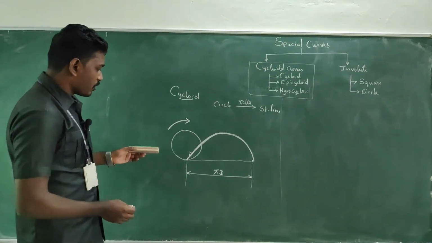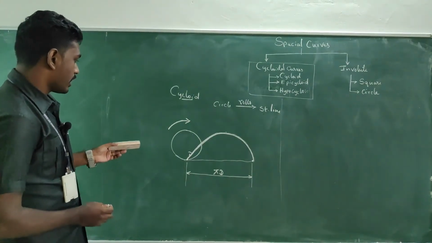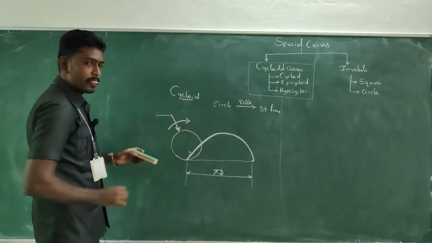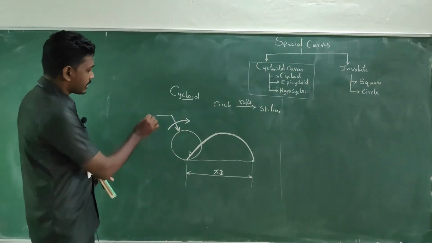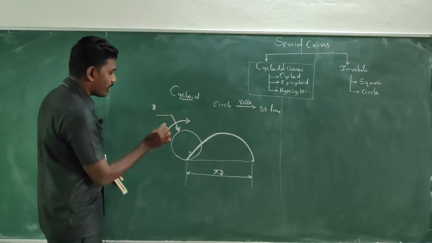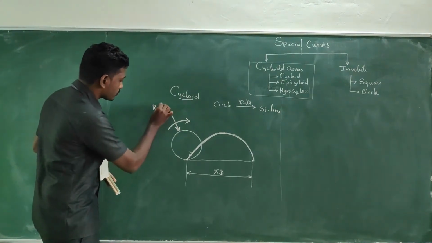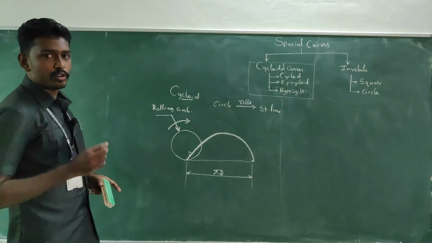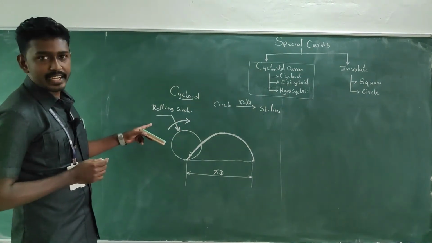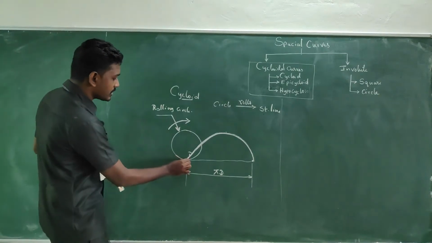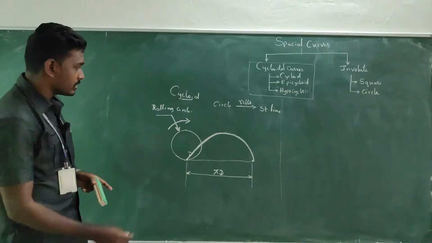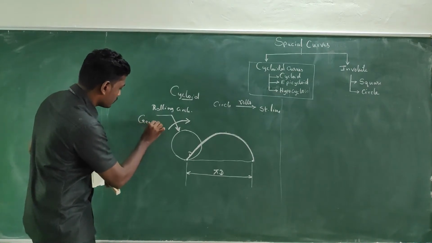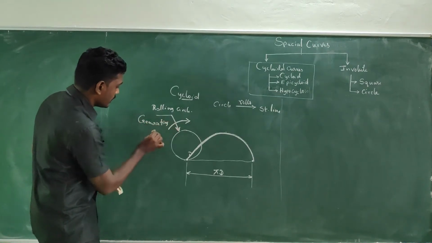Generally we give some technical names for this circle. Usually we call this a rolling circle, since it is rolling. One more term we use is generating circle, because the point on the circumference of the circle traces the curve. So we can call this a generating circle.